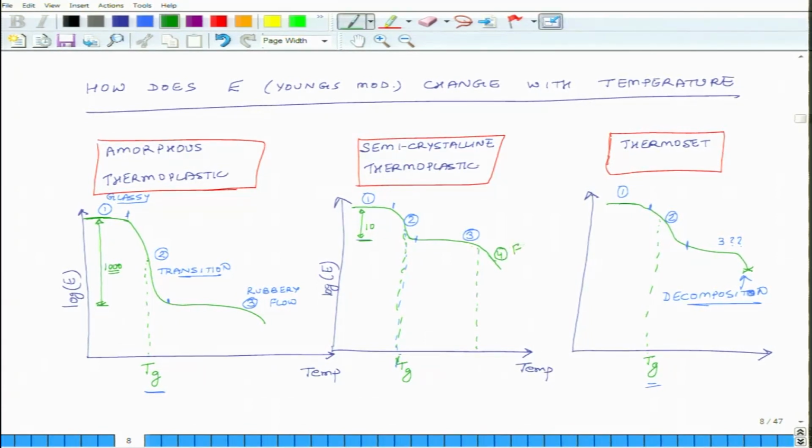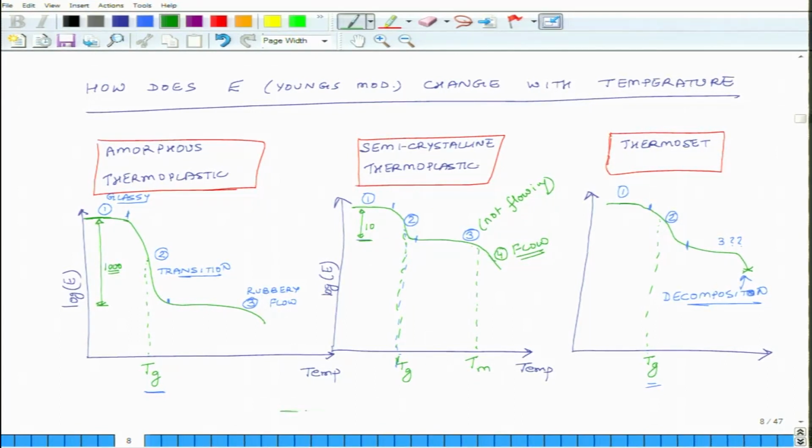Here you are having a flow, it becomes fluid. Okay. So, this is Tm. This is region 3, in region 3 it becomes rubbery, but it is still not flowing, but in the flow region it actually starts flowing, unlike in amorphous where region 3 still corresponds to rubbery flow, because amorphous materials do not have a sharp melting point.